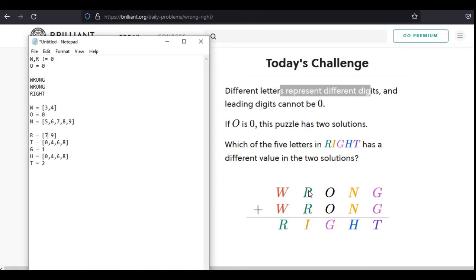Since R is between 7 to 9, there is always a carry, which means W plus 1 is R. But irrespective of what W is, W plus W is always an even number, which means R should be an odd number. So it's either 3 plus 3, 7 or 9. It cannot be 8.